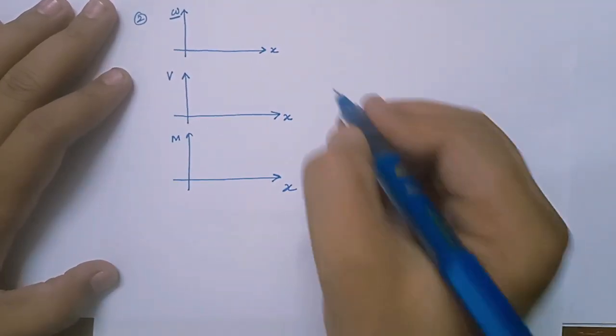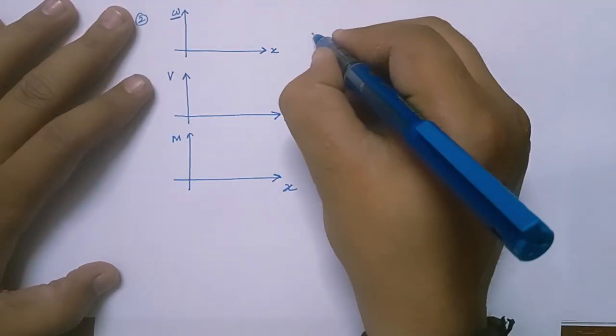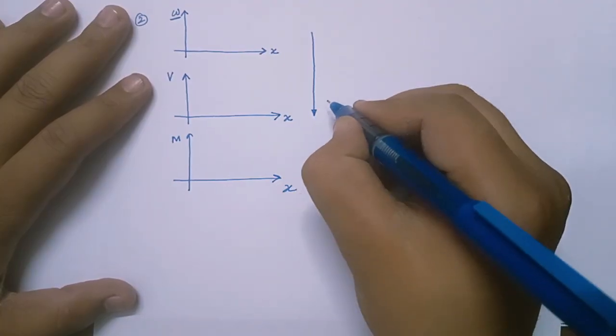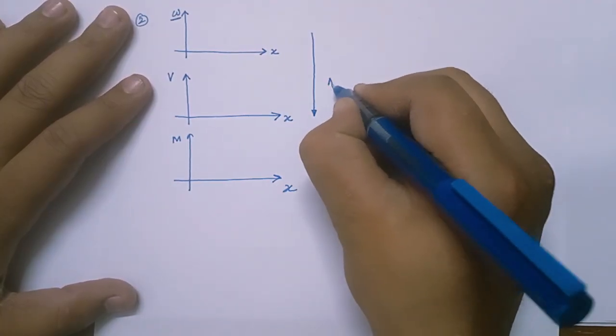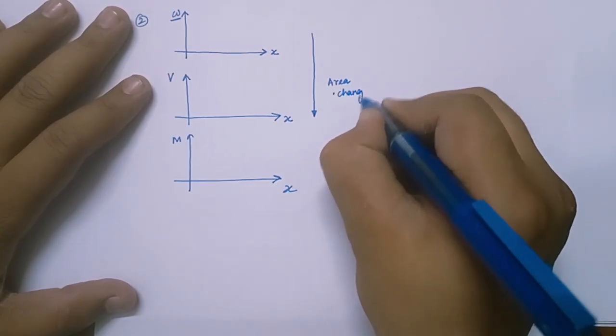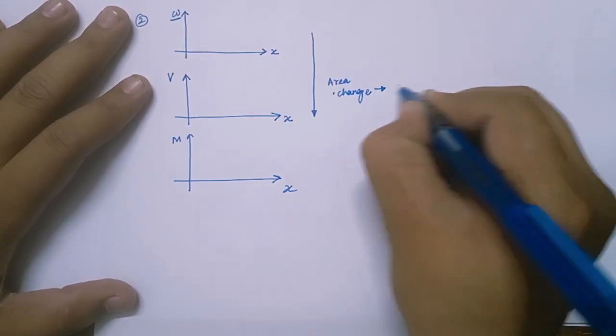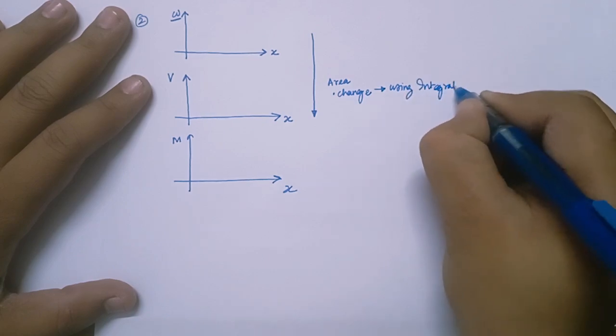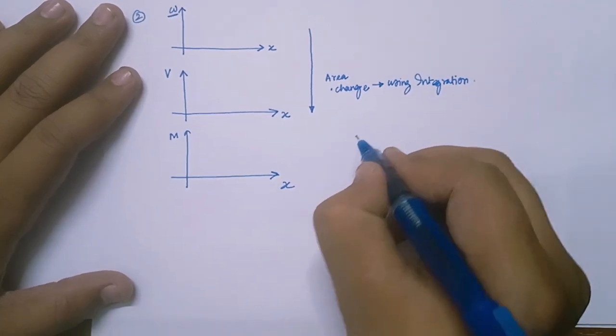Now see very carefully. If I am moving in the downward direction, then we will calculate area, and area will give the change, which can be calculated using integration, right?